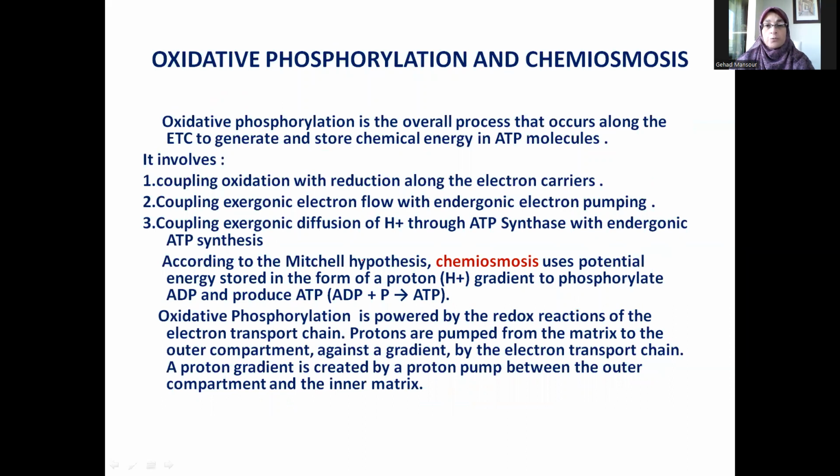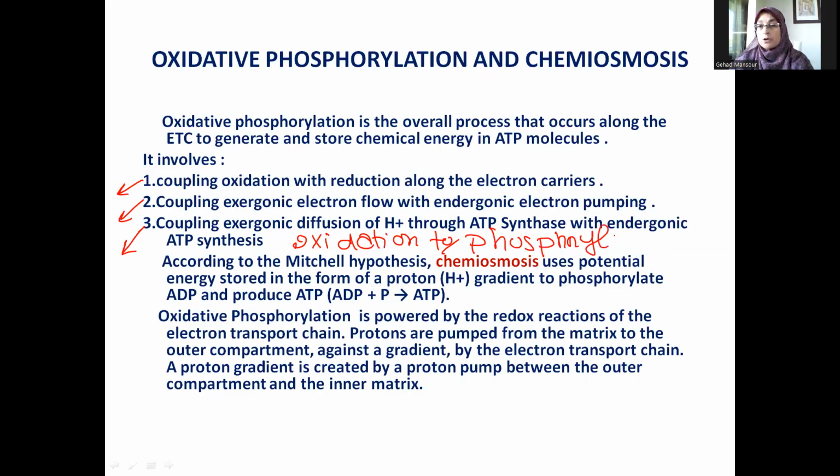And here we are repeating what I said on the screen when we talked about the three couplings that occur, coupling oxidation with reduction, exergonic with endergonic, and finally here we have coupled oxidation and phosphorylation.